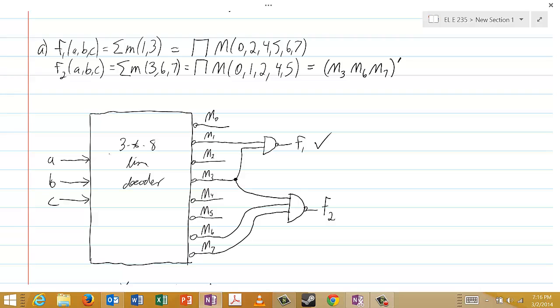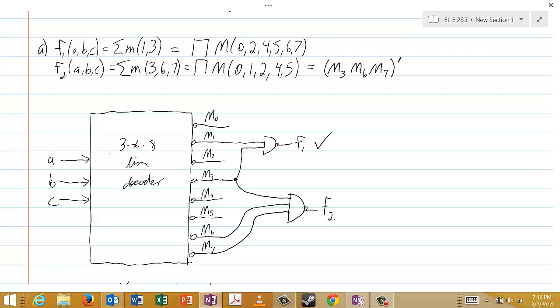And of course, if you had a function that was a sum of 4 min-terms, it wouldn't matter whether you ORed together those 4 min-terms or NORed together the other 4 min-terms, because in both cases you would get 4 inputs. And the same kind of situation goes for the case where you're using a max-term generator.